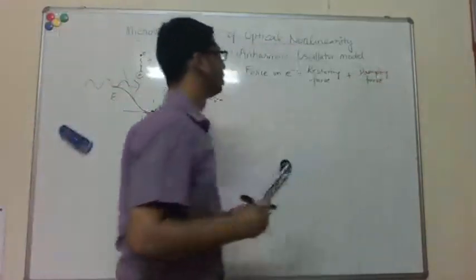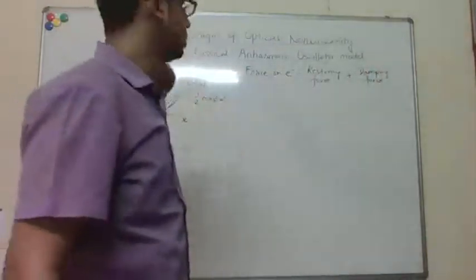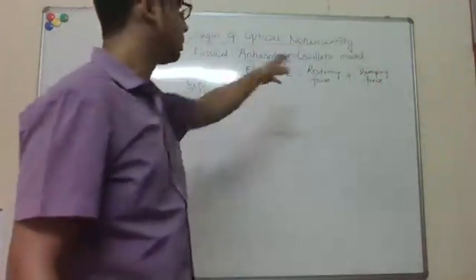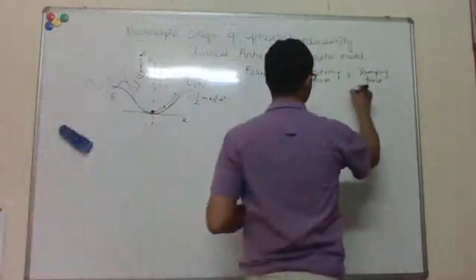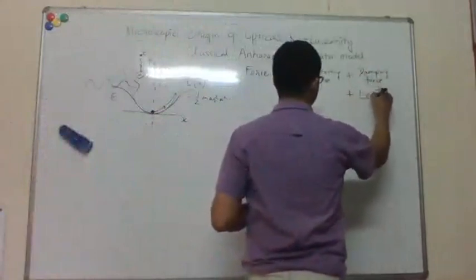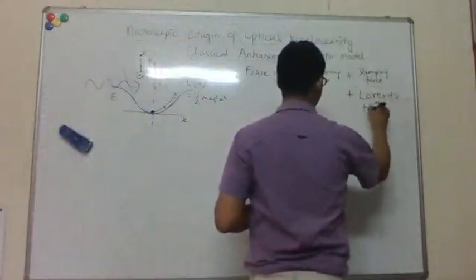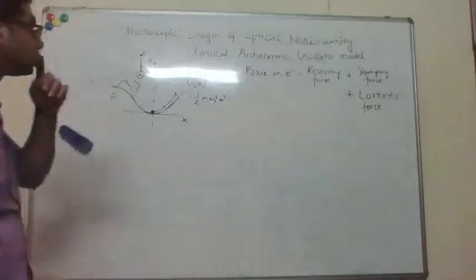This is due to losses; fundamentally it comes from quantum mechanical losses like spontaneous emission, etc. But in the classical picture, it can be modeled as some friction or damping, right? And then the Lorentz force from the incident electromagnetic field.